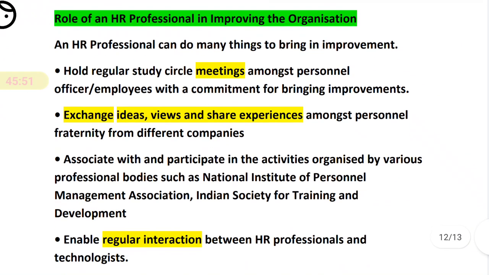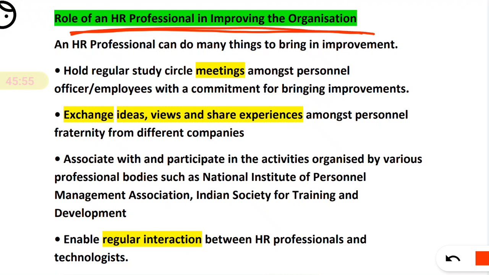Next, we will discuss the role of the HR professional in improving the organization. How can HR work to improve the organization? First, it is very simple, we all know. In banks also, meetings are generally conducted weekly on Zoom, and generally the regional head or regional manager will conduct them.